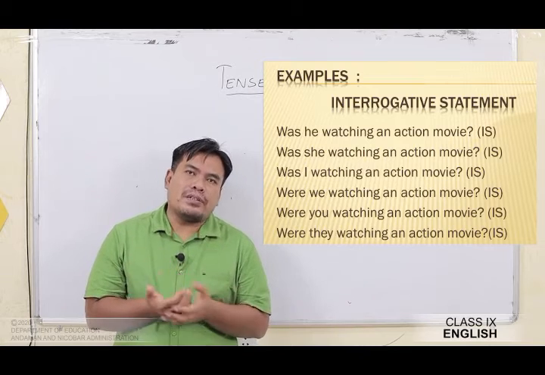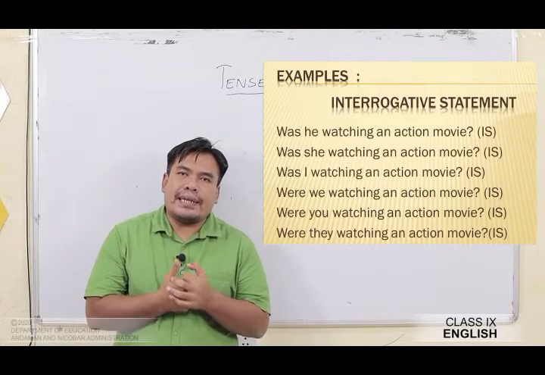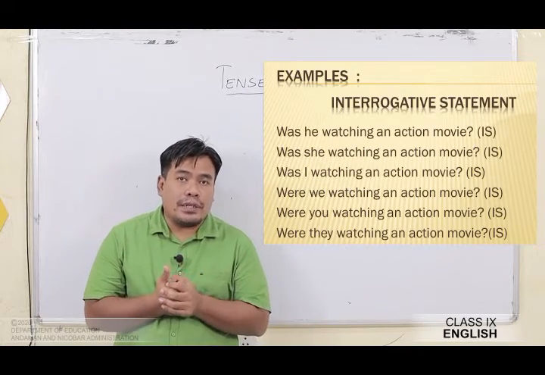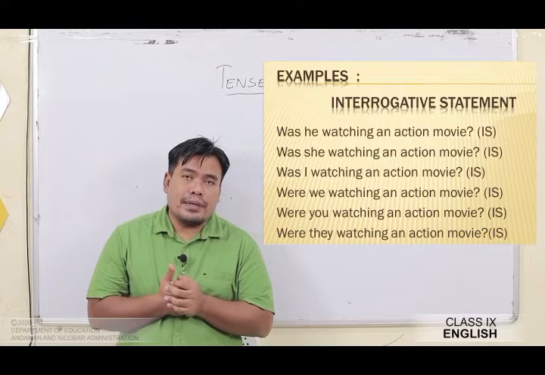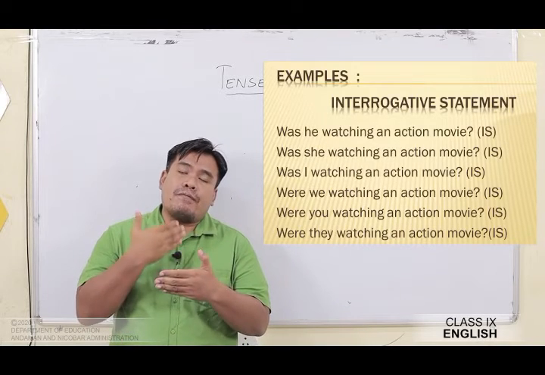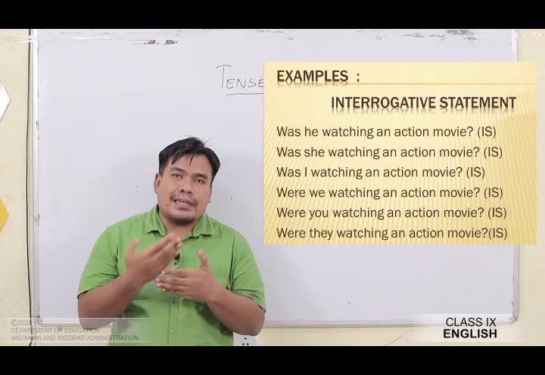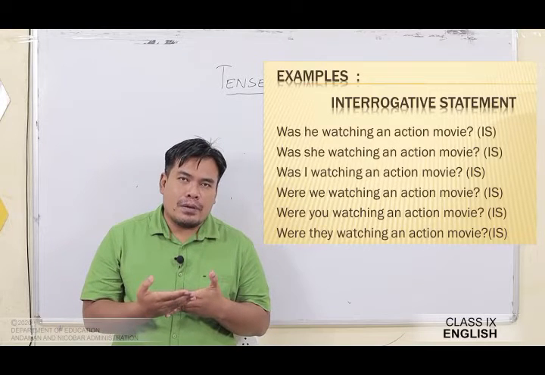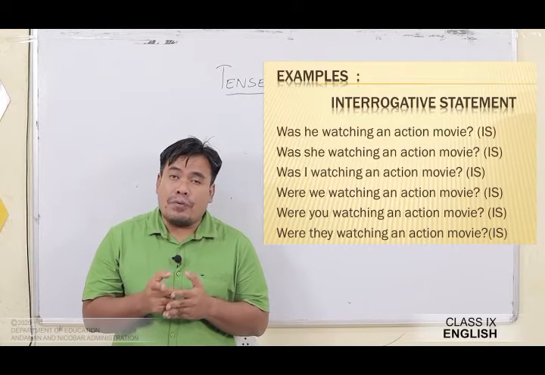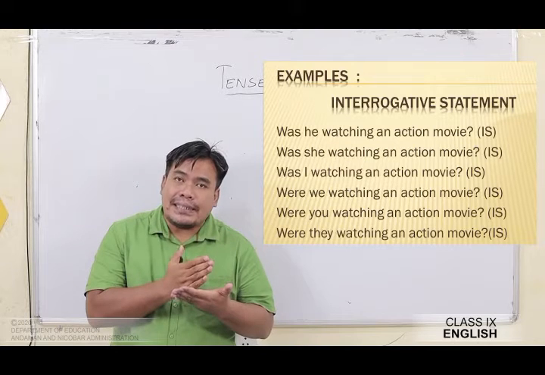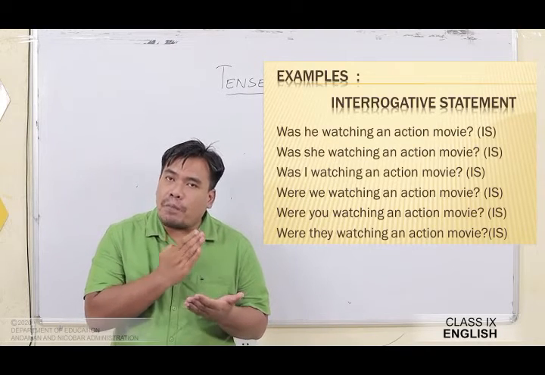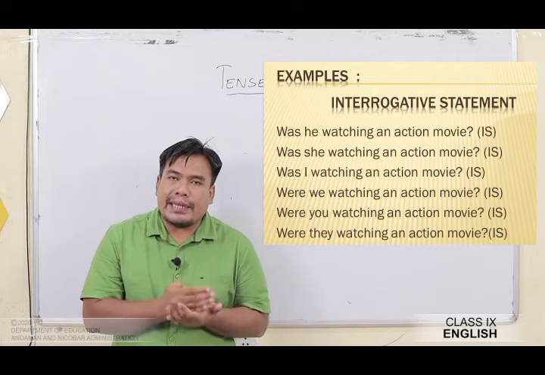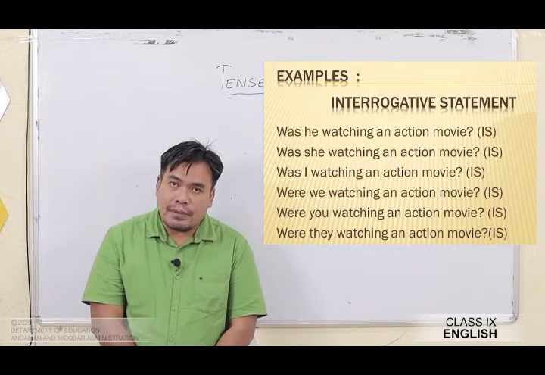That's my opinion, because I have not done it. I didn't eat, so I was not eating. Okay? But if I'm asking a question to somebody, then how will I ask? Were you eating? These are the examples of positive, negative, and interrogative statements.